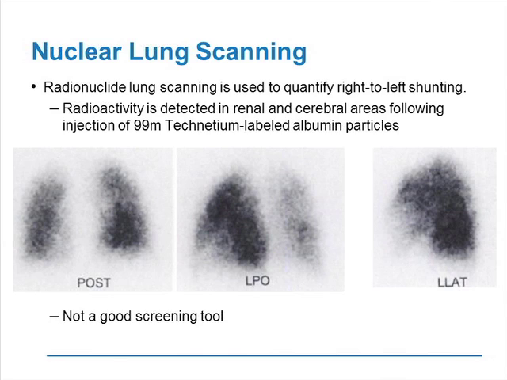Same thing done, which we do here in the U.S. more, is with the nuclear lung scanning. Basically, this study involves technetium-labeled albumin, macroaggregated albumin particles that are injected, and based on its size, majority of these should be cleared by the lungs. Less than 5% should leave the pulmonary circulation and enter the systemic circulation.